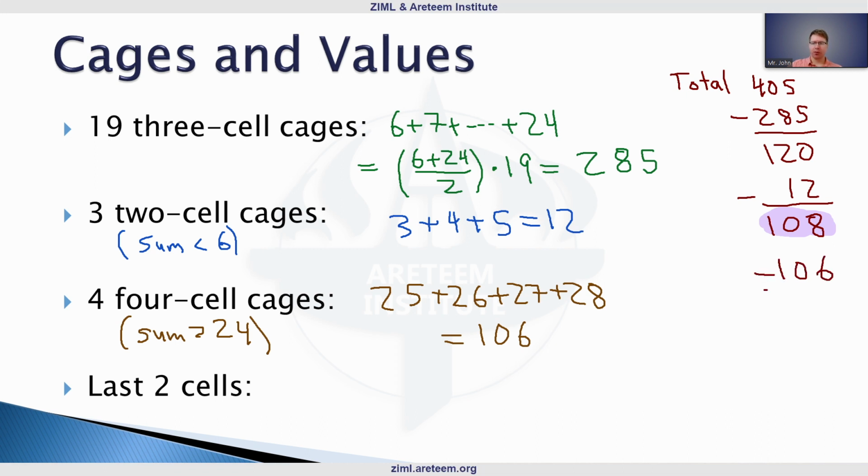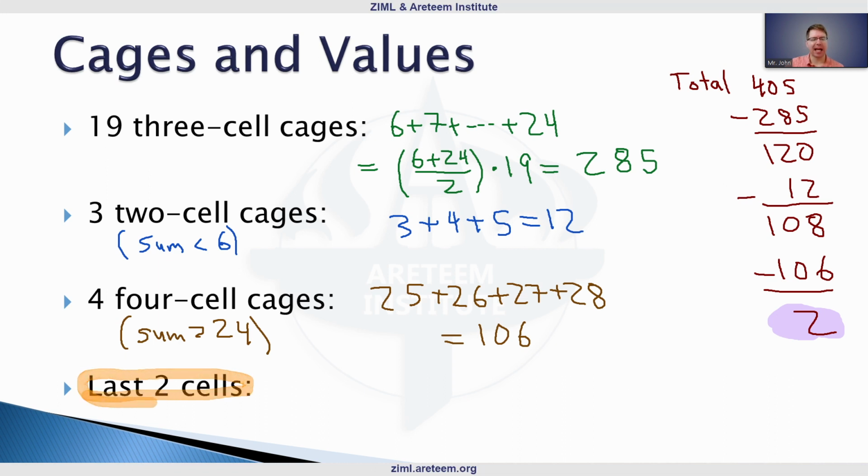But if we subtract that off, we are left over with 2, right? So there might be a little trial and error here. You could say, well, what if we tried one of them being 27 or something, or 28 and 29 and something like that? Well, that's not going to work out. Why? And this is finishing everything up right here.